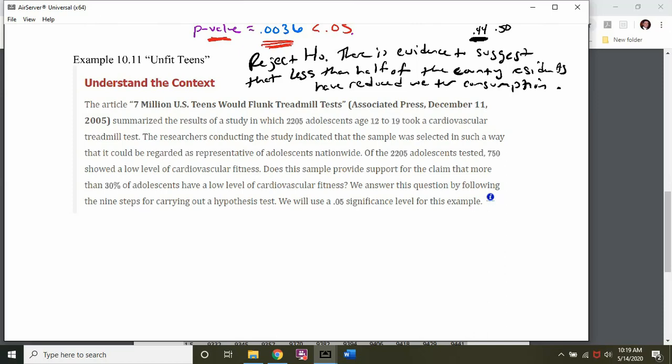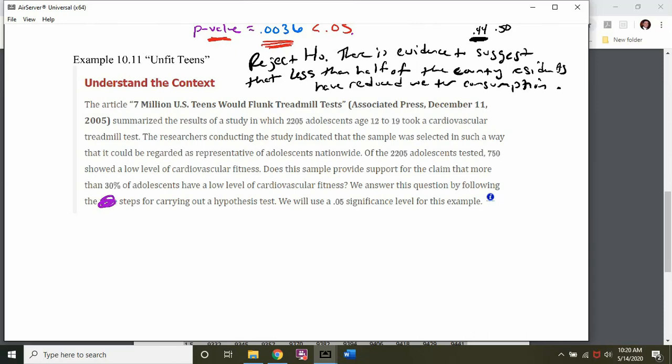Of the 2,205 adolescents tested, 750 showed a low level of cardiovascular fitness. Does this sample provide support for the claim that more than 30% of adolescents have a low level of cardiovascular fitness? We answer this question by following, don't worry about the 9 steps, that's how the text does it. We'll just worry about following the steps I showed you.